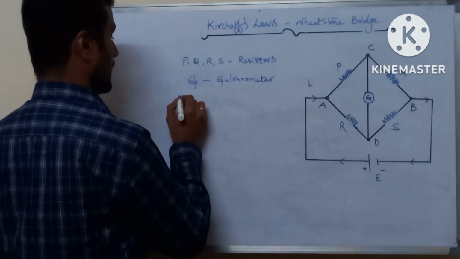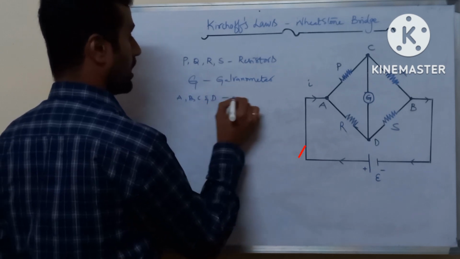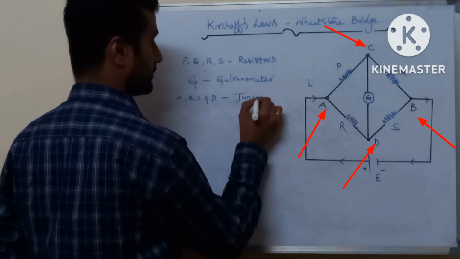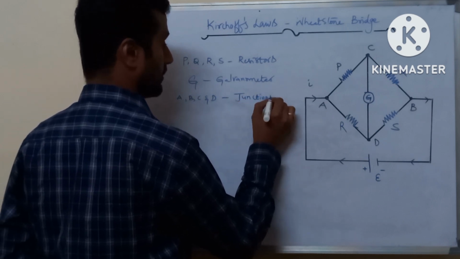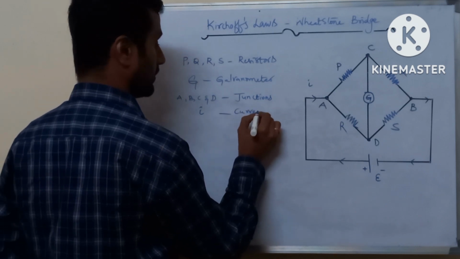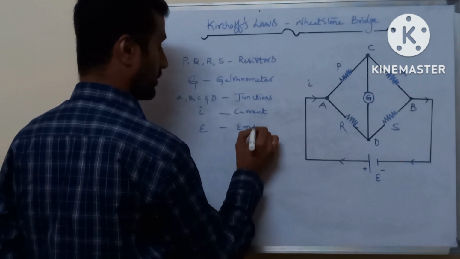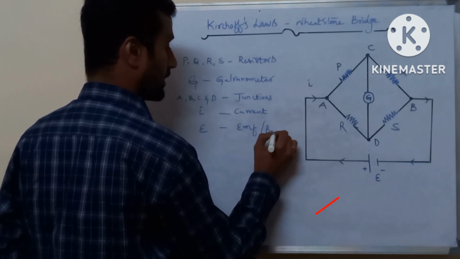A, B, C and D are junctions. I is the current in the loop and E is the EMF or battery.